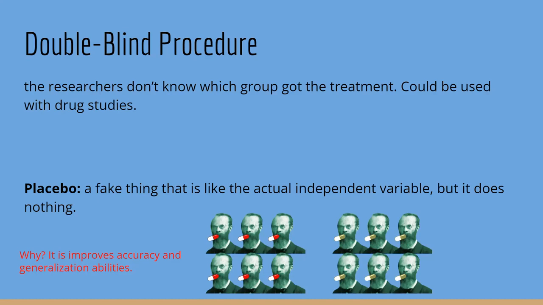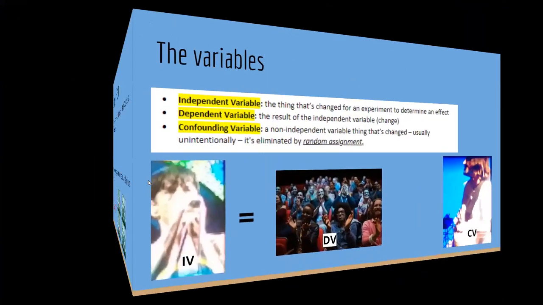But the only point in making them think that it's real is so that there's no sort of bias, because that's the point, to see if there actually is a change, which is not just something that they have falsely developed, sort of. So that's what a placebo is.